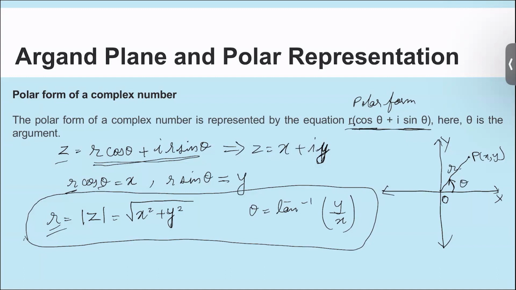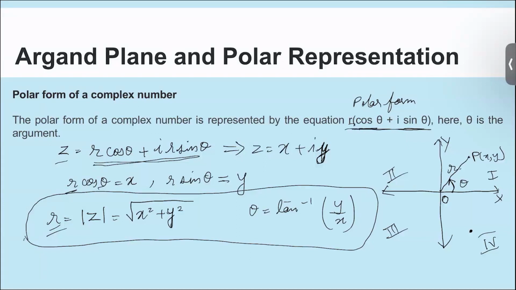This is your first quadrant, this is your second, third, and fourth quadrant. The Argand plane, or any Cartesian xy plane, can be divided into four quadrants.